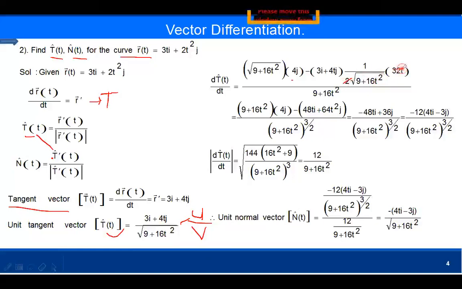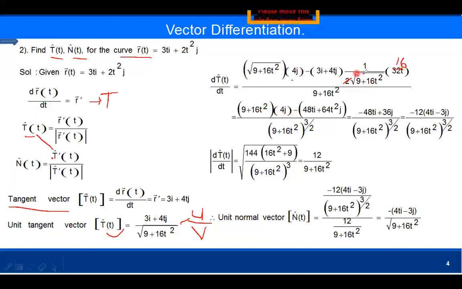So we can cancel the 2 times 16 and take the LCM of this. The LCM is root of 9 plus 16t square. Multiply root a into root a, that means root of 9 plus 16t square into root of 9 plus 16t square, and we will get 9 plus 16t square into 4j minus 16 into 3i.